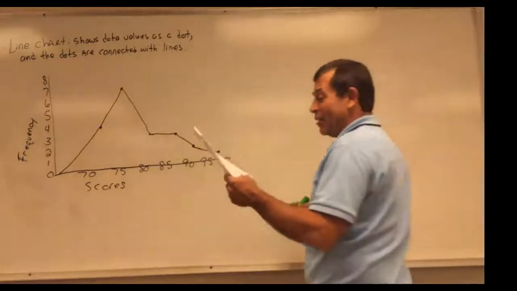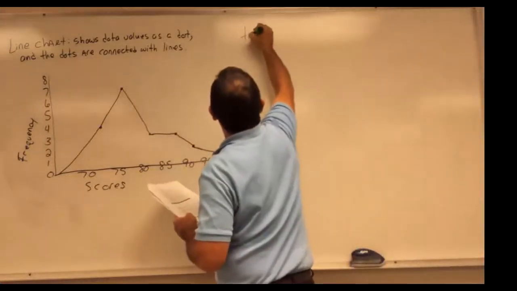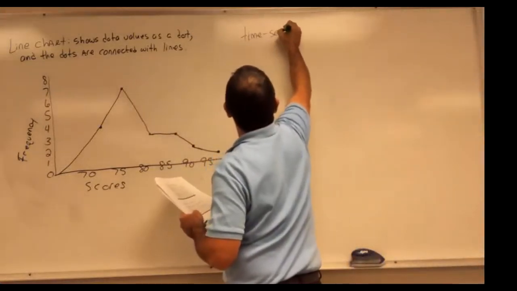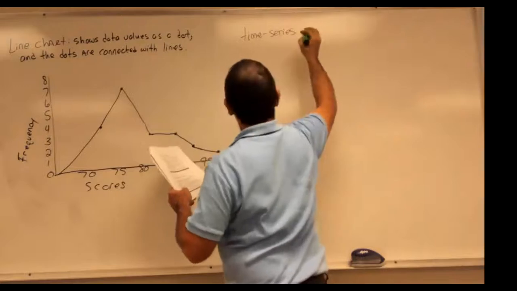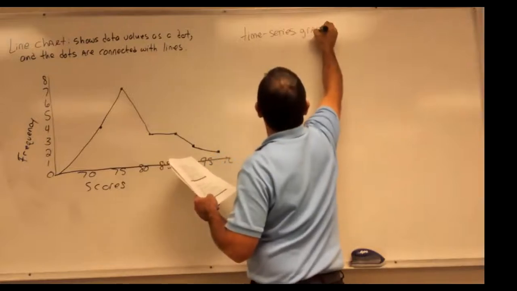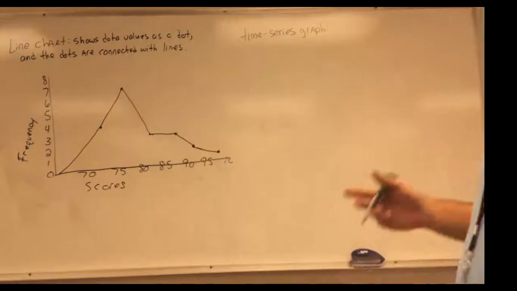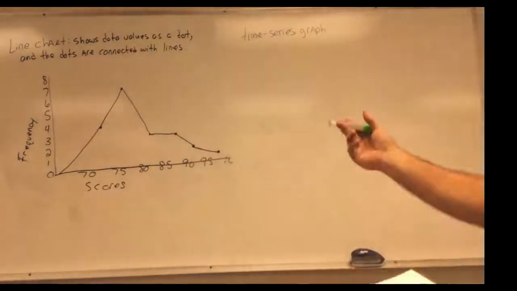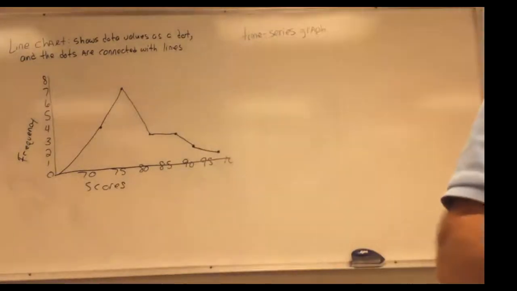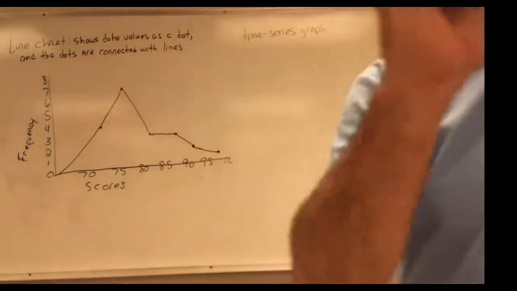Bar graphs, pie charts. It'll even do a time series. And basically, it's just a line chart or histogram in which the horizontal axis is time.